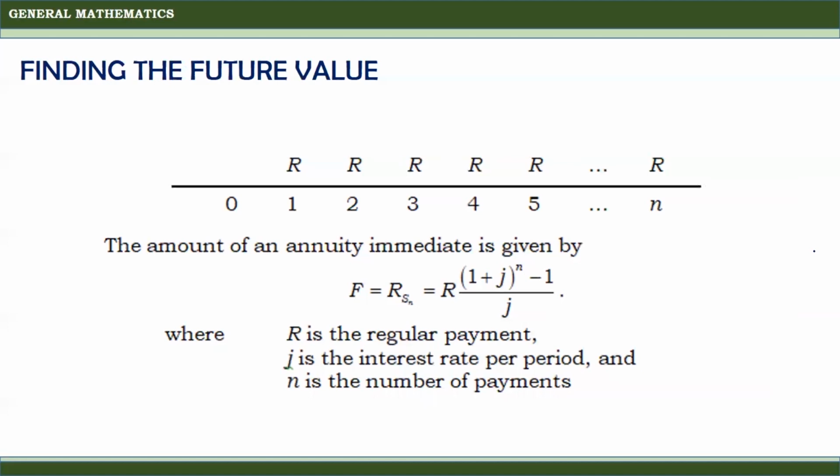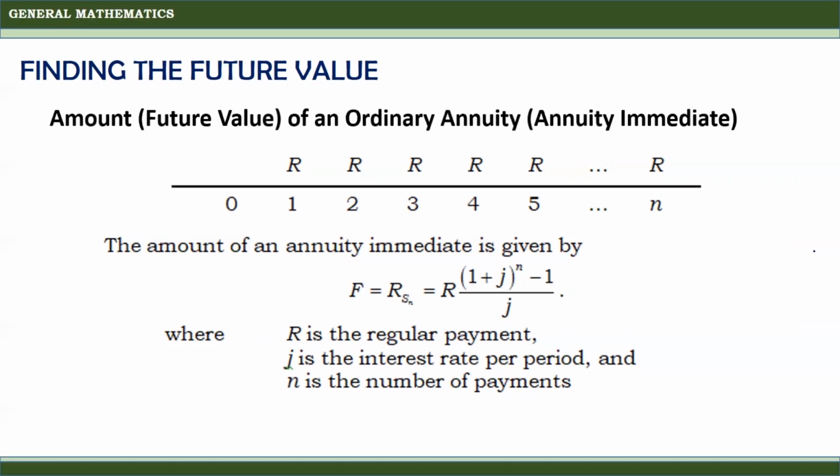The amount of an annuity immediate is given by F is equal to R sub S sub N, which is equal to the formula R times (1 plus J) raised to N minus 1 all over J, where R is the regular payment, J is the interest rate per period, and N is the number of payments. Let us try to use this formula in solving some of the problems involving annuity.